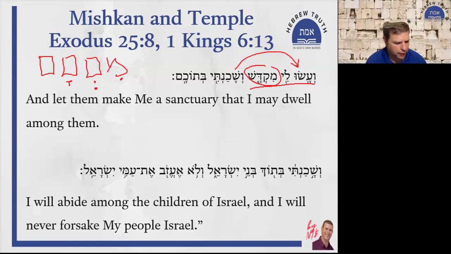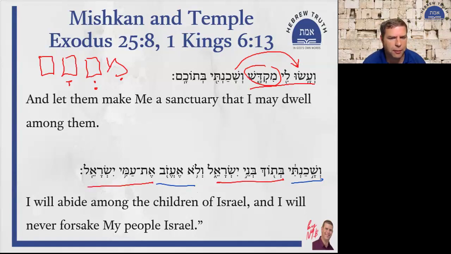Okay. So, Ve-shakhanti betoch b'nei Yisrael ve'lo e'ezov et ami Yisrael. This describes the building of the temple, as the Haftarah talks about the building of the temple and the connection to the building of the tabernacle.